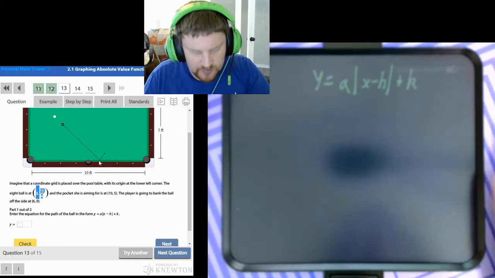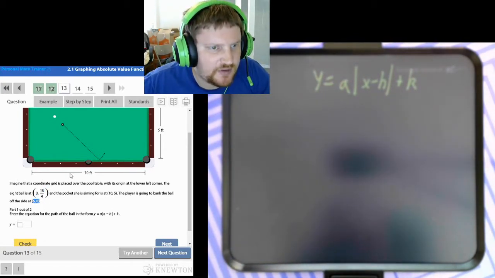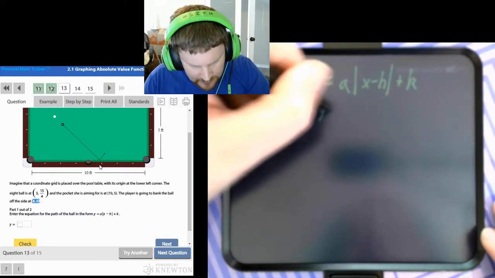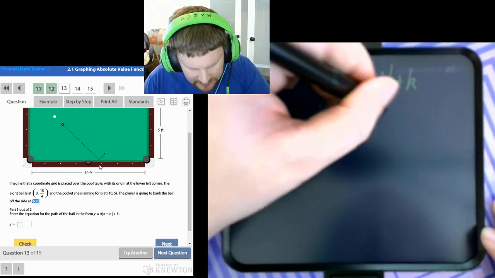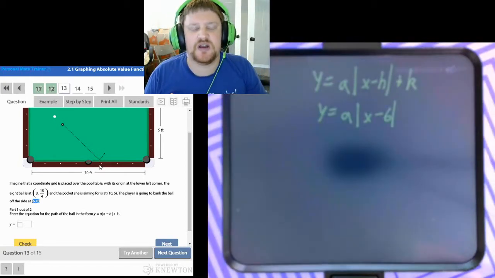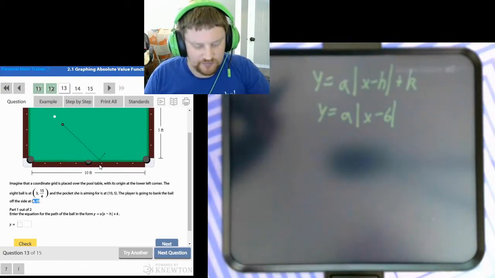So this is the form that they wanted it. It's banking off the side at 6, 0, so right here, and that is our vertex. So we just plug in 6 and 0. So we have y equals a, absolute value, x minus 6 plus 0, but as you guys know, if you add 0 to something, it just goes away, so we'll leave that off.